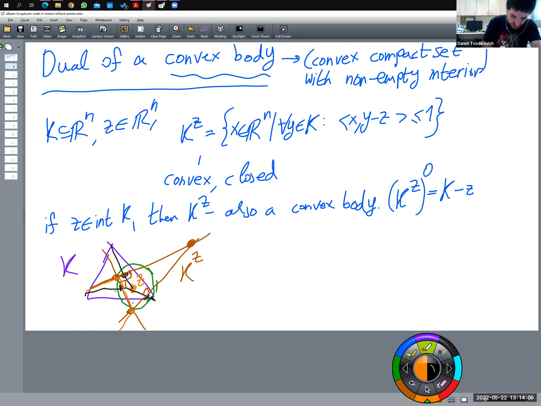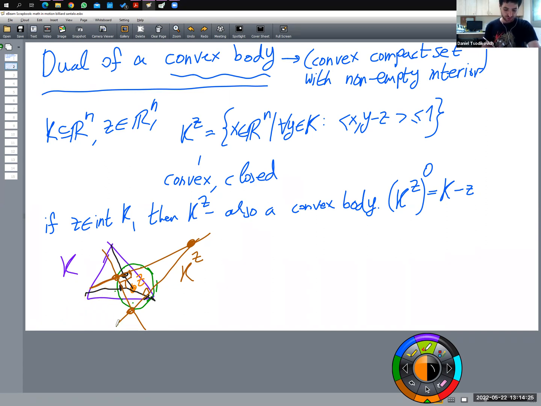You will take the other side of the half plane, so you will get a domain like this if Z is outside of the triangle in one of those regions. So you get a triangle, but just an unbounded one. So this is the dual.